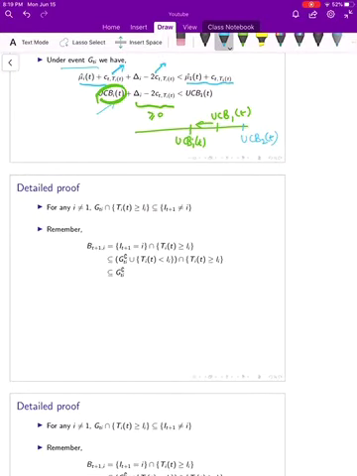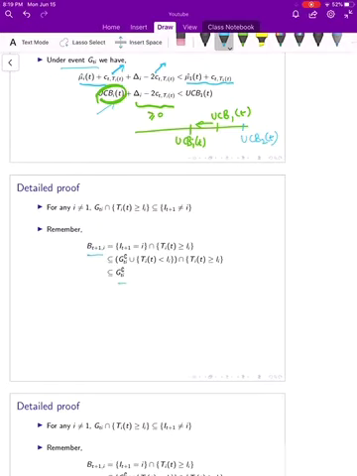Now the claim is that the event B_t+1,i is a subset of this event. This is a simple observation.